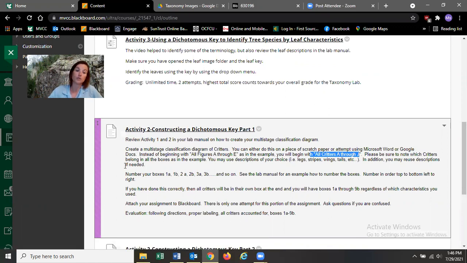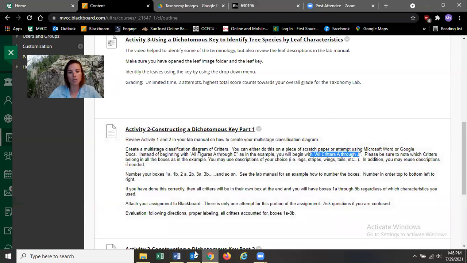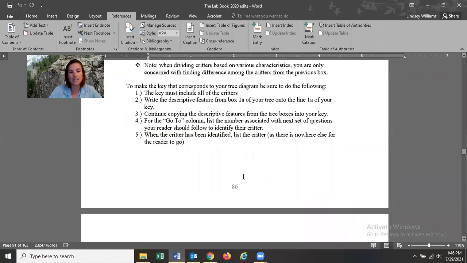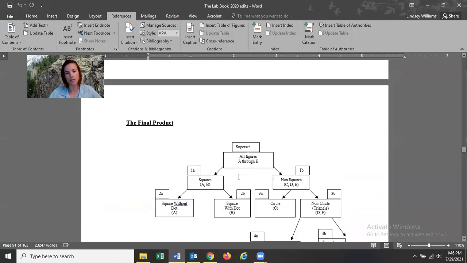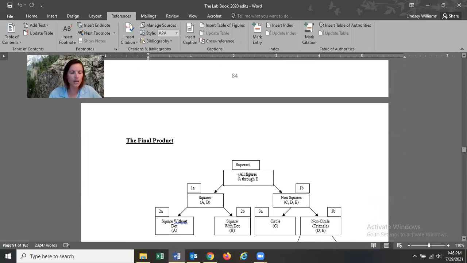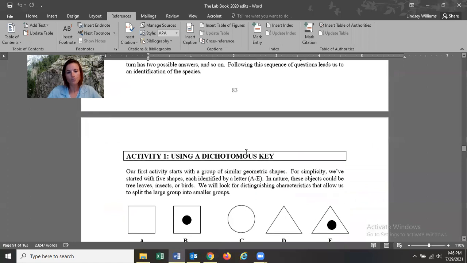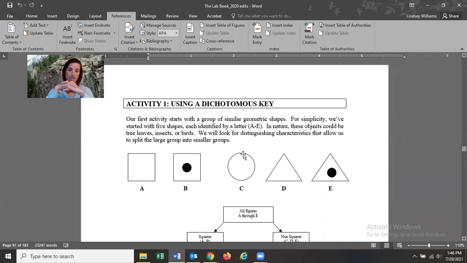Okay, so moving on. How do we do this? Well, let's look back at the lab manual because it's going to walk you through an example. I mean, it seems like a big old puzzle. It is, but it's pretty straightforward, okay? So we start off using an example. Activity 1 is just a walkthrough of an example.